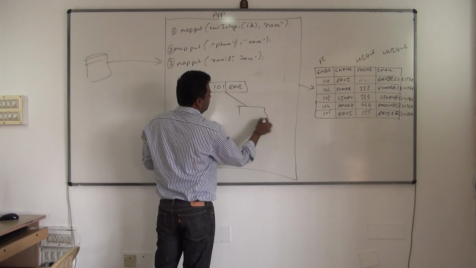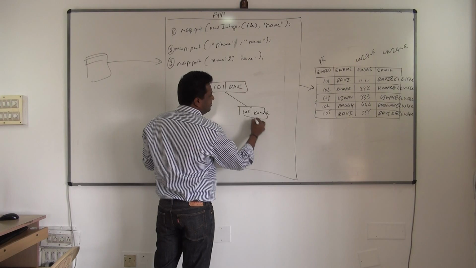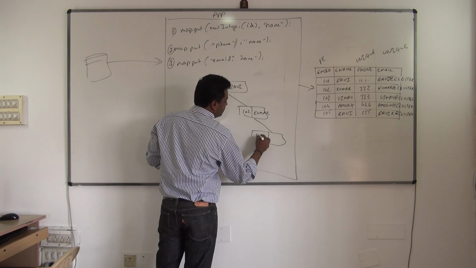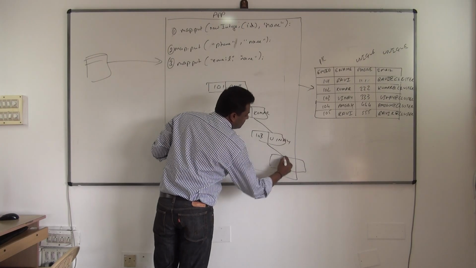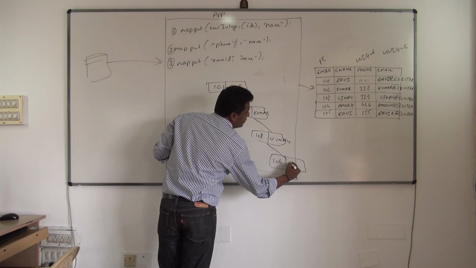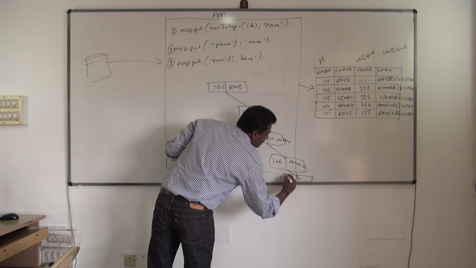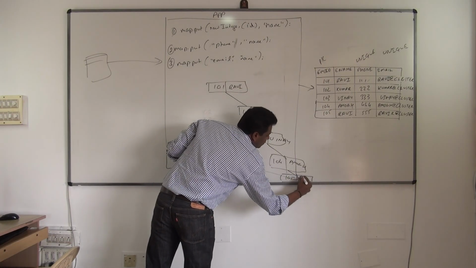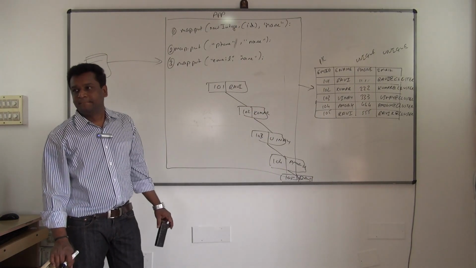Next is 102, Kumar. Then the next is Vinay. Like this. Then the next is 104, Amog. And lastly 105 is one more Ravi. So like this you can store, key value, key value. Understood?